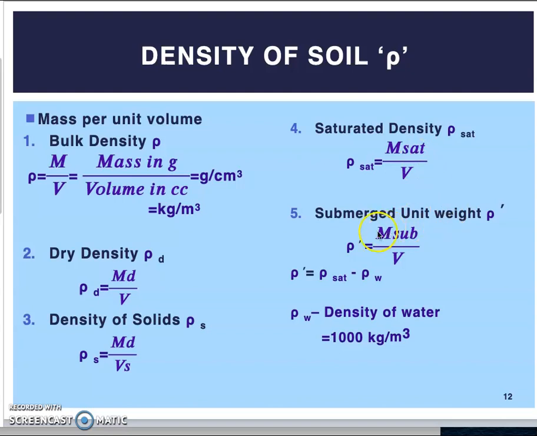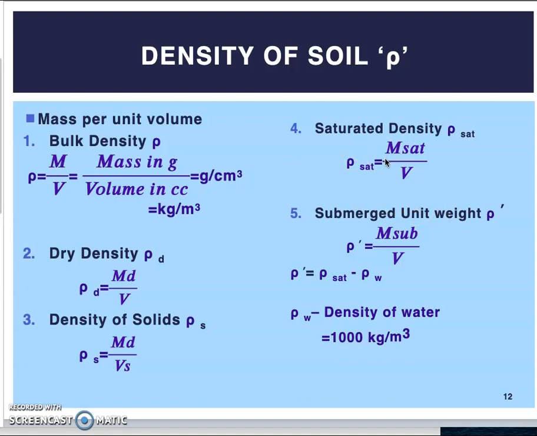These changes are happening. Alright, the next is submerged density. This is not unit weight, this is density. Okay, submerged density is designated as rho dash. Now, when you have water entering the voids in soil particles, it starts getting saturated.